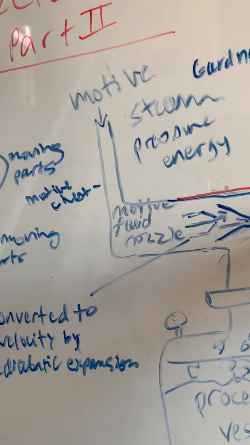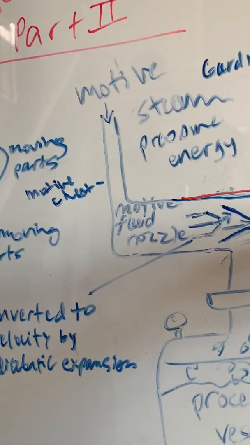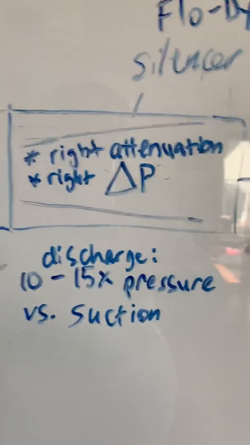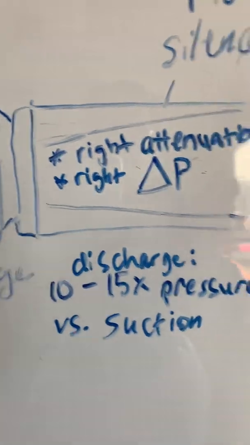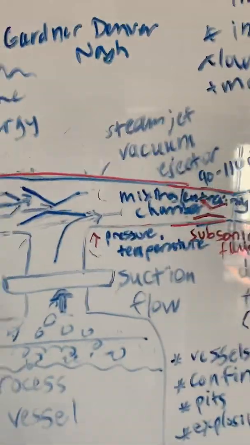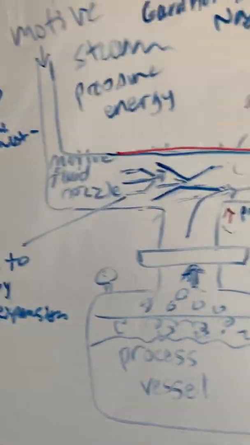Okay, so it's coming into this mixing chamber, and we really need to accelerate that so that we can get a discharge of this original process gas that's 10 to 15 times on average more pressure versus the suction where it initially came in. That's the whole idea here. So we want an efficient ejection going on.